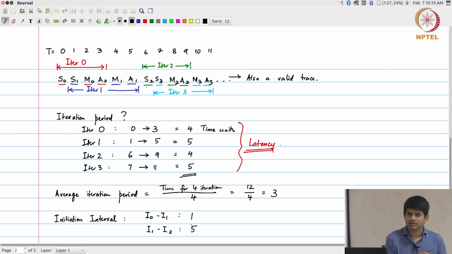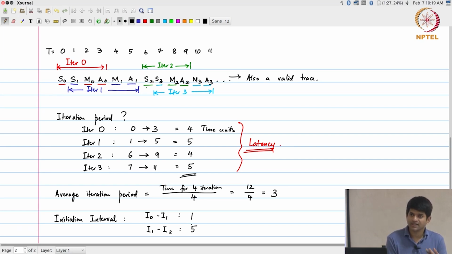So, what we see here is an interesting thing. One is the initiation interval. It had a minimum value of 1, that is, I started I0 and in the very next clock cycle I started I1.